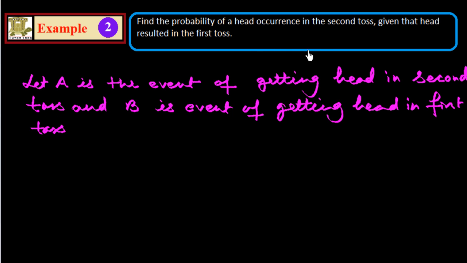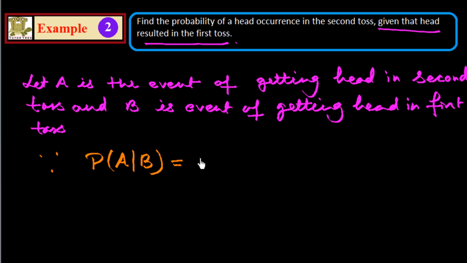We have to find out, given that in the first toss there is already a head, the probability of the second toss being a head. So we have to find P of A given B. A is the event of getting head in the second toss and B is the event of getting head in the first toss.